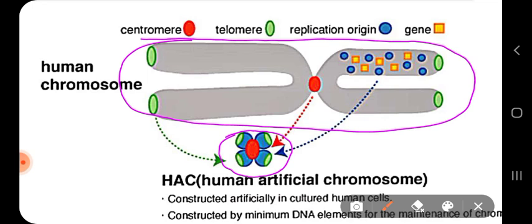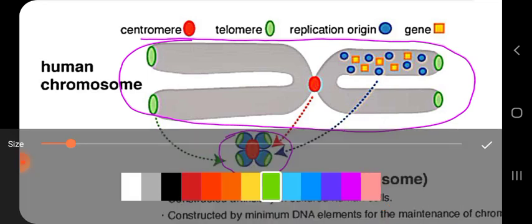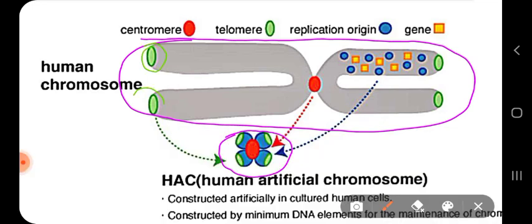Here you can see that the telomere sequence has been taken from a normal chromosome and constructed to form the telomeres of the small mini chromosome. Then the centromere region is required because these are unique sequences, and it is to be introduced into the human artificial chromosome.